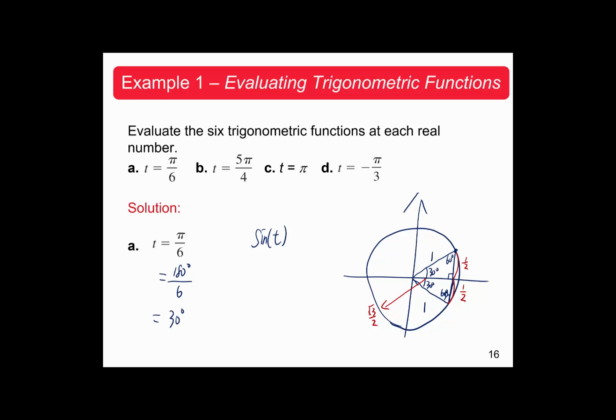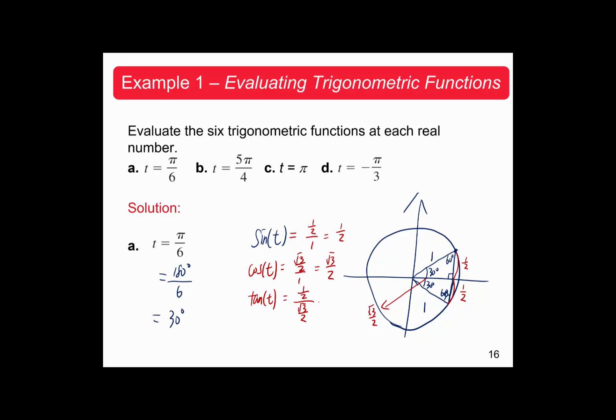Okay, so now we'll be able to find sine t. Sine t is opposite over hypotenuse, half over 1, so it's half. Cosine t is adjacent, radical 3 over 2 over 1, so it becomes radical 3 over 2. And tangent t is opposite over adjacent, half over radical 3 over 2.